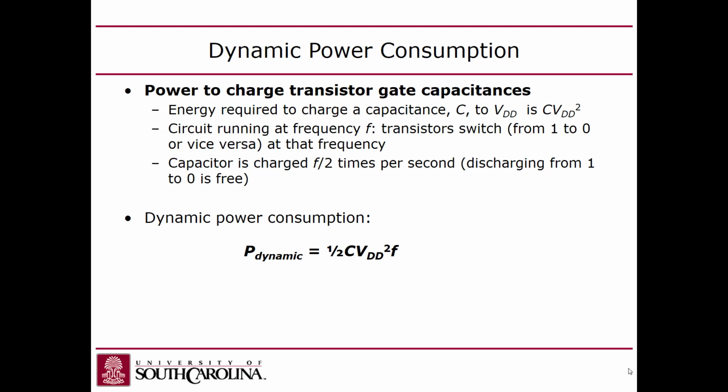If you have joules and multiply that by frequency, that converts it into power. In other words, this represents the energy to charge a capacitor, and this is how many times per second you're doing it. So it's energy per second, joules per second. It's going to give you watts.